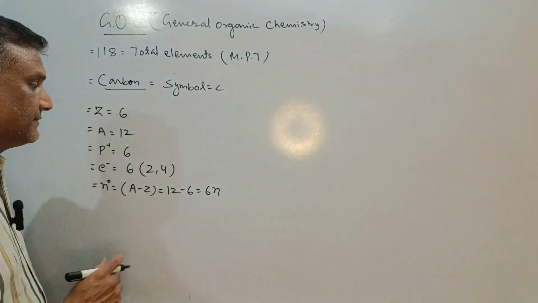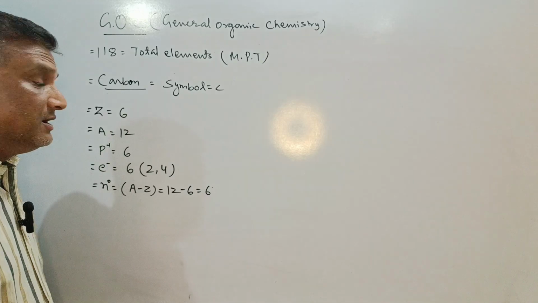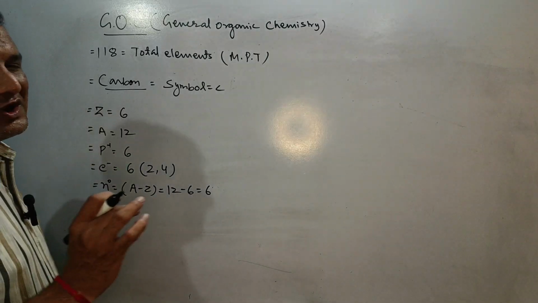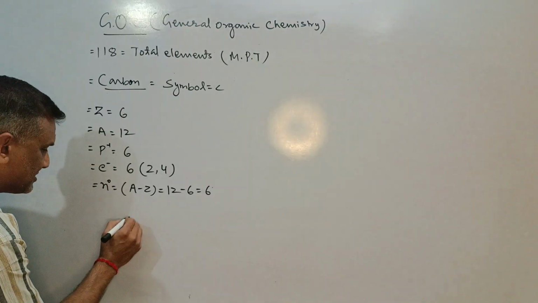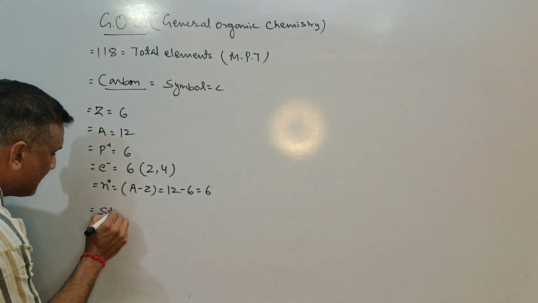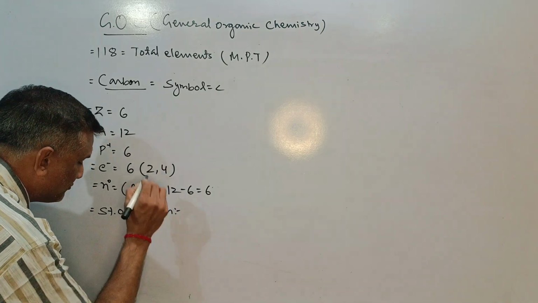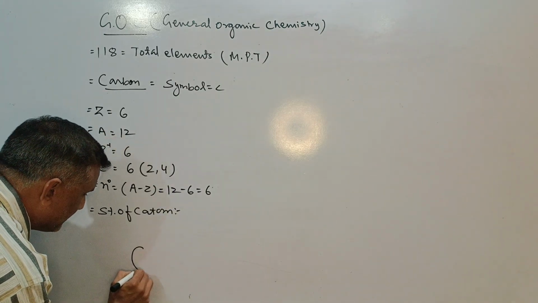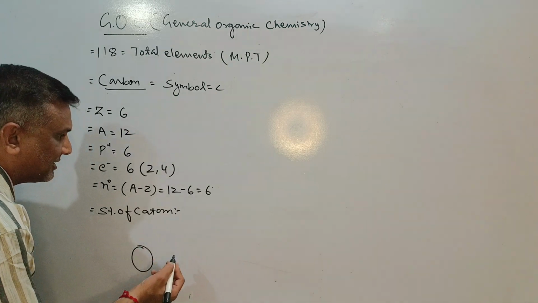6 neutrons. If we'll go with the just further structure of the carbon atom, then this is the structure of carbon atom. Then according to 9th standard, this is the nucleus. It exists two particles, one of the proton, another neutron.